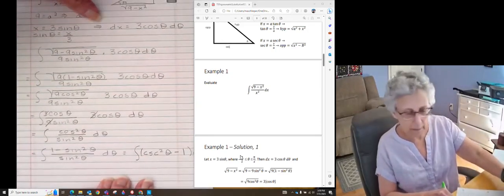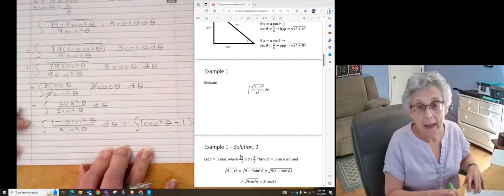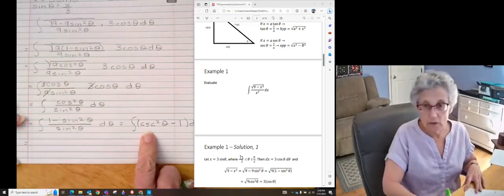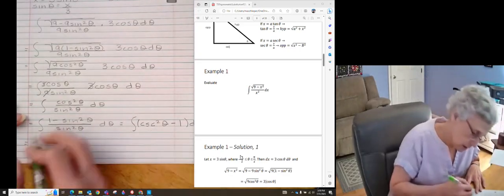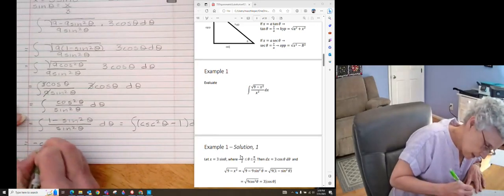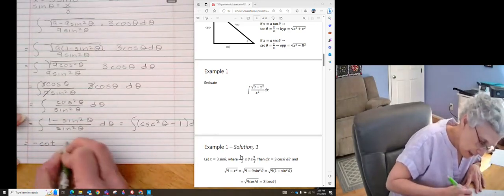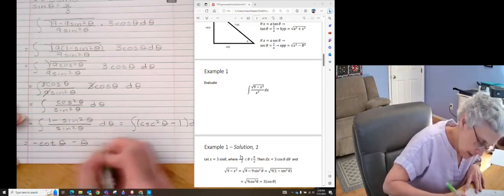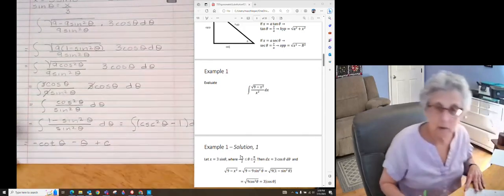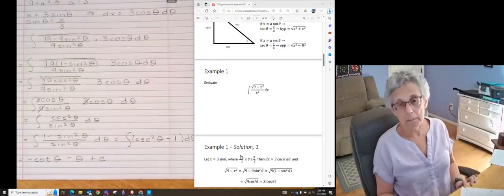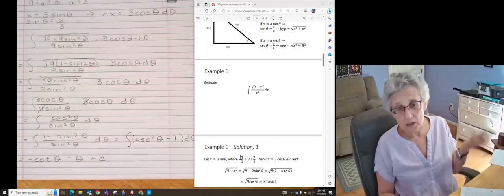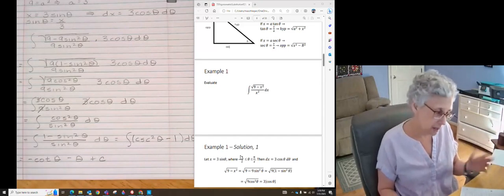And now I'm super happy because cosecant squared happens to have an antiderivative. The antiderivative of cosecant squared is negative cotangent of theta minus theta plus a constant. Now I have an answer, but my answer has thetas in it instead of x's.